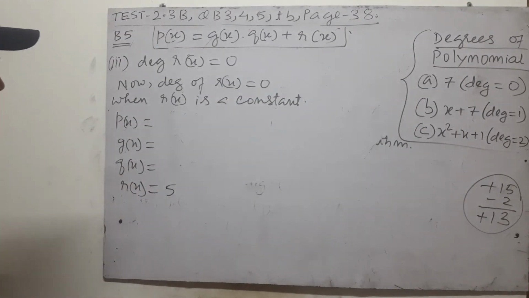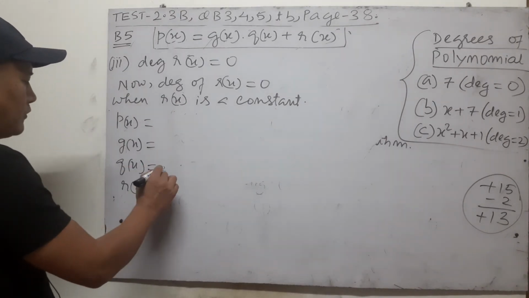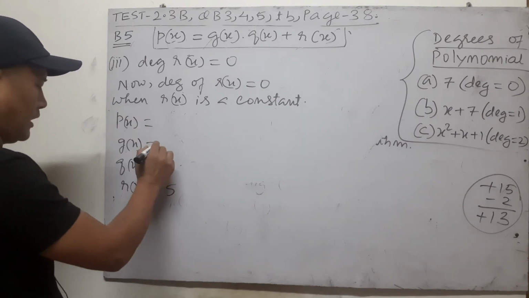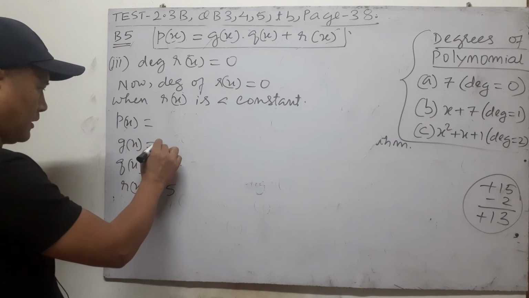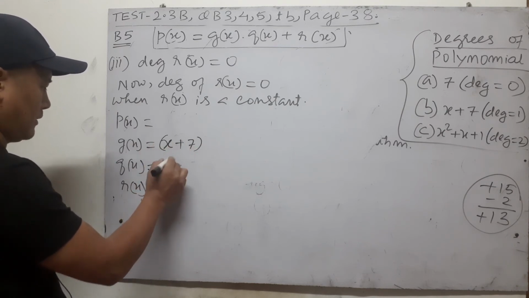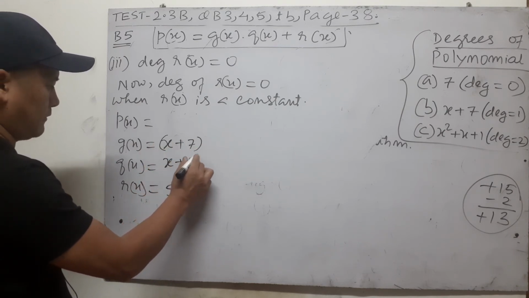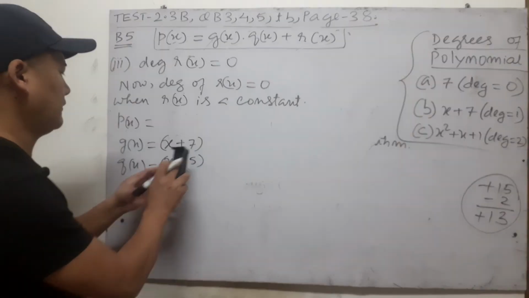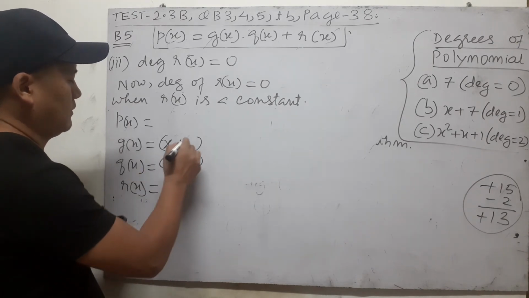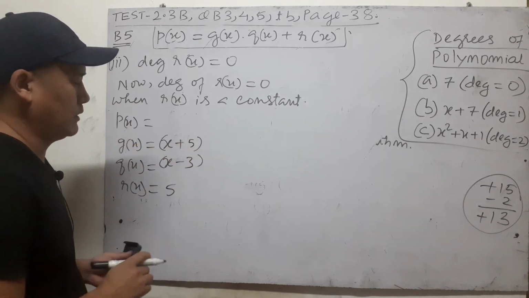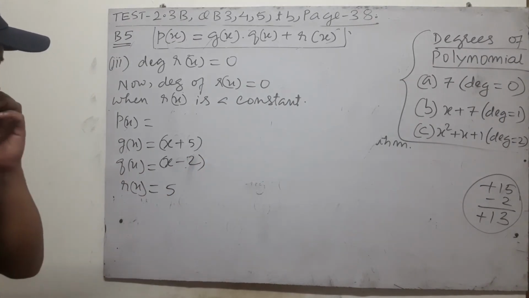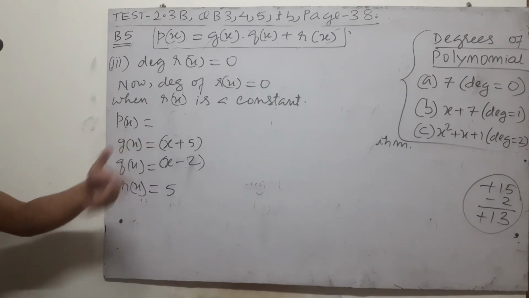Okay, now once you're through with that, the rest there's no condition, so you can just choose. Let us say g of x is x plus 5, and q of x maybe x minus 3, whatever, or x minus 2. So randomly you can put, because there's no condition for that.